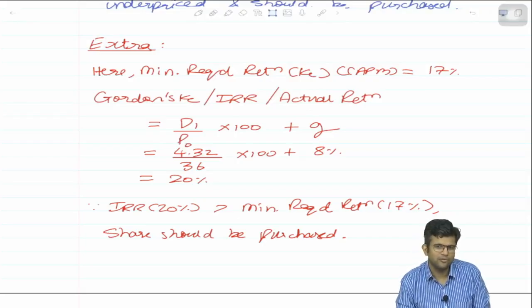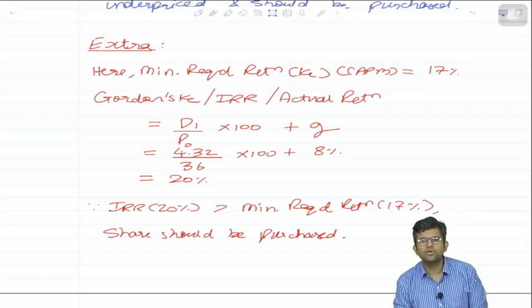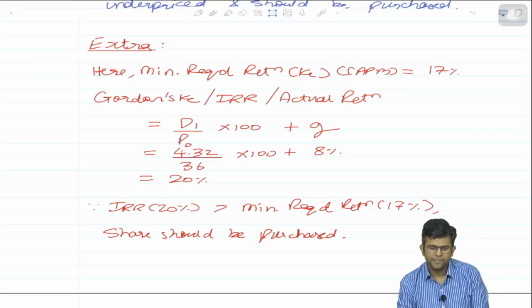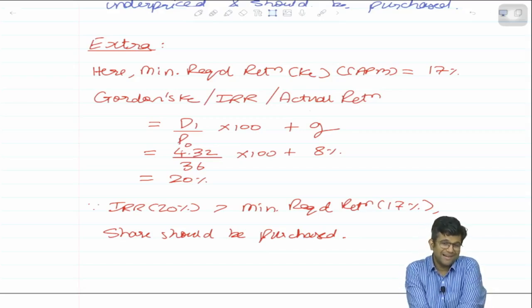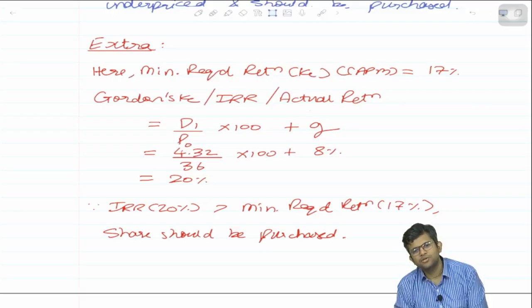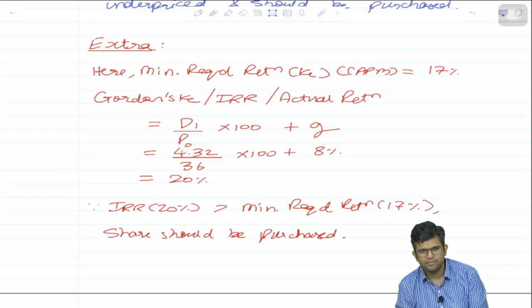One is you compare actual price with theoretical value, 36 with 48. And the other way you can compare actual return with required return, 20 with 17%. One is you compare rupees, here you are comparing percentages. I hope you were writing as I was giving you background music.